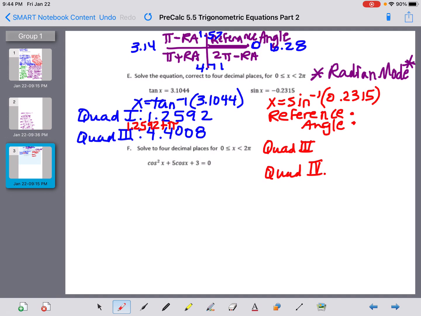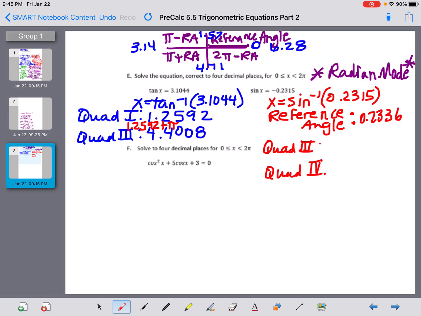Okay, so on my calculator, I'm doing inverse sine of 0.2315. I'm in radian mode, okay? I get a reference angle of, this is kind of funny when you look at the two numbers together, 0.2336. And remember, that would be in my first quadrant. But I want to go over to my third quadrant.